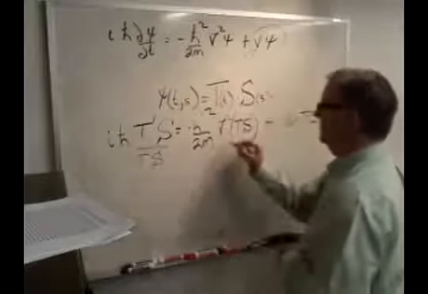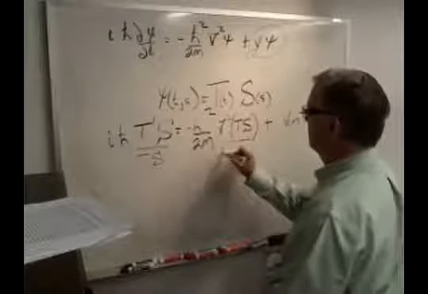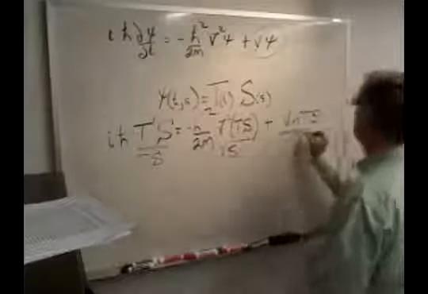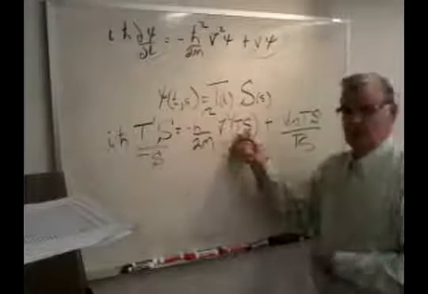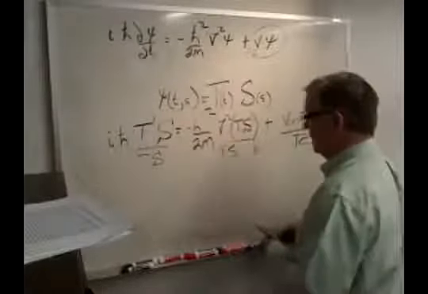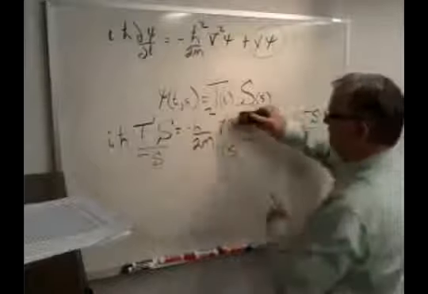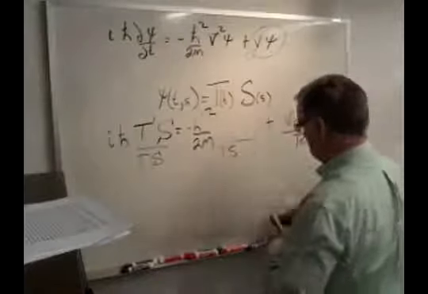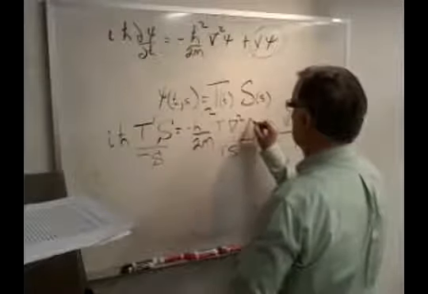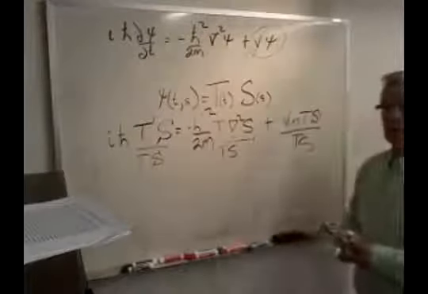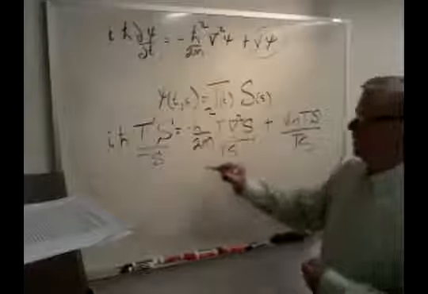We can all see what's happening. T is going to go out, divided by TS. Since del squared does not operate on the function T, but only on S, we would have T del squared S. So we would end up with this situation.